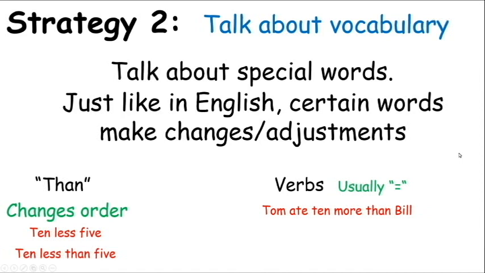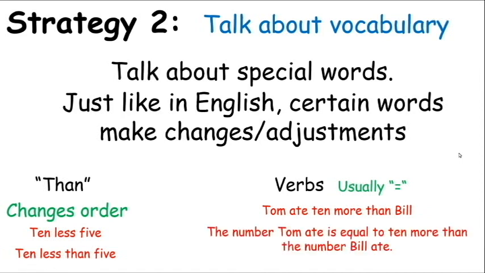But what if I were to give the same statement this way? The number that Tom ate is the same as or is equal to 10 more than the number that Bill ate. At this point, we can begin to see the connection between the verb and the equal sign. This action is the same as some other action.